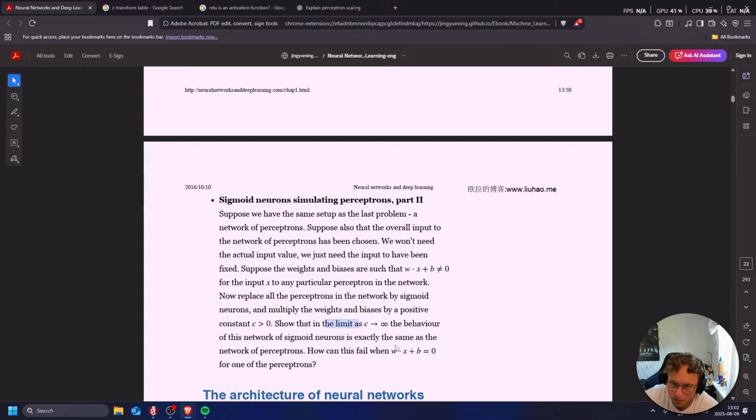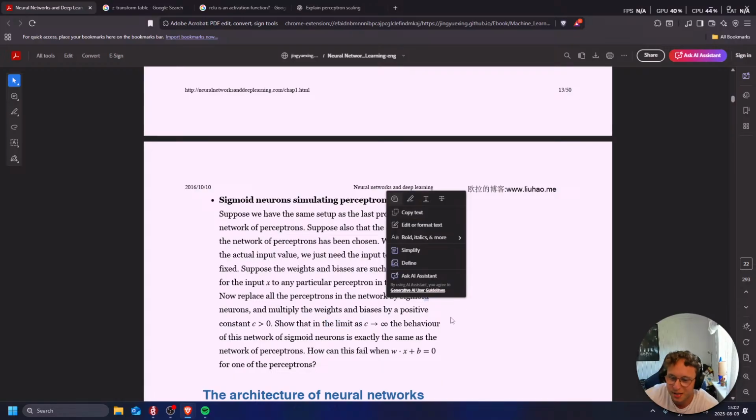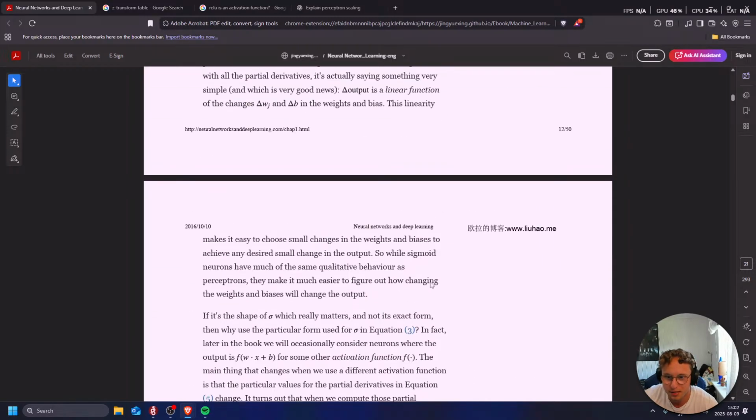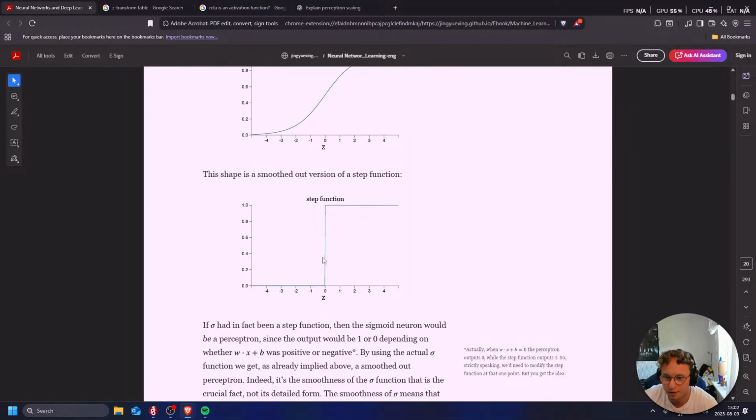And can this fail when the input is equal to 0? So we are basically going to show that when C goes to infinity, the behavior of the network of sigmoid neurons is the same as a perceptron. But if the input is 0, then we have to show why this will fail.